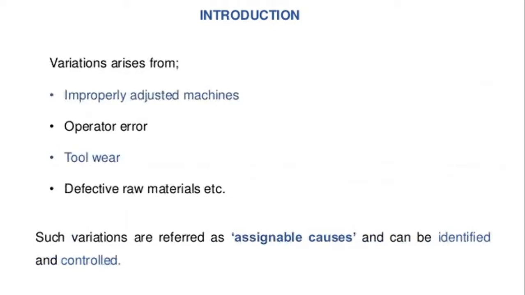Variation arises from important factors such as machines, operator error, tool wear, and defective raw material, etc. Such variations are referred to as assignable causes and can be identified and controlled.